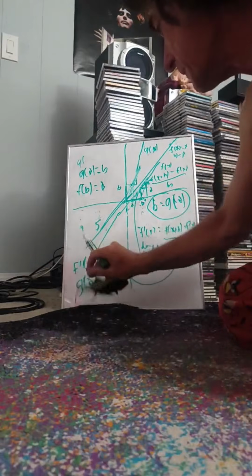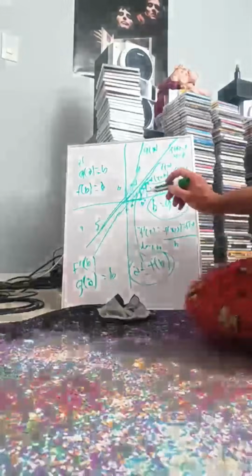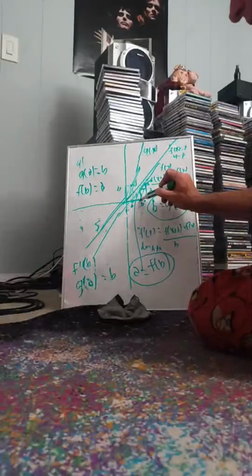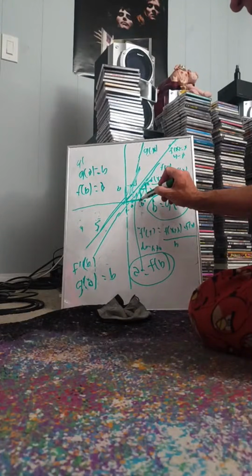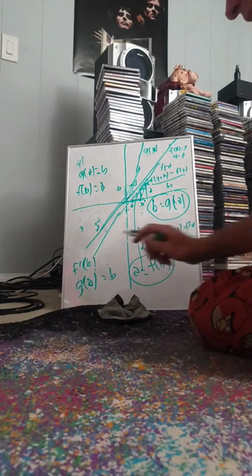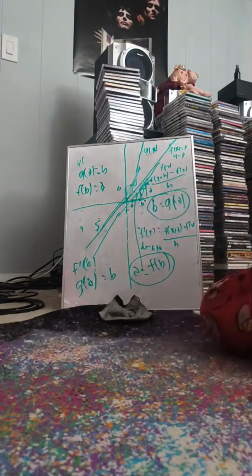Yeah, f prime at b. That's what I want. f prime at b. Yeah, f prime of b is this slope, which is, okay. But b is g of a. See that?